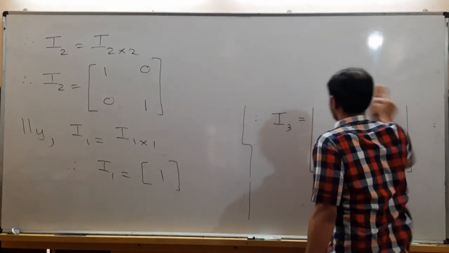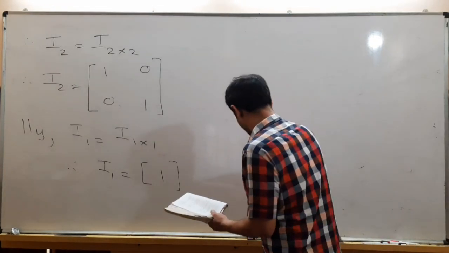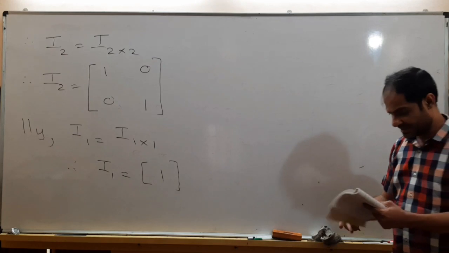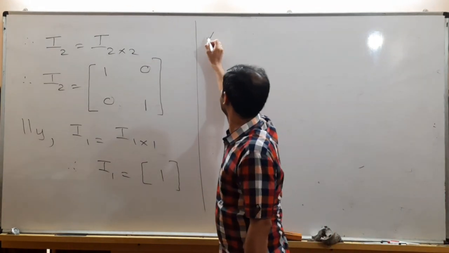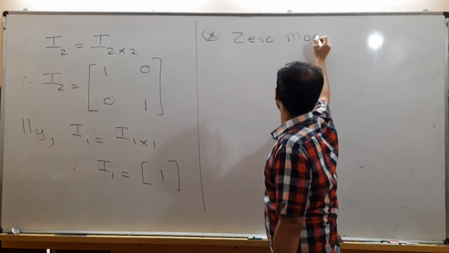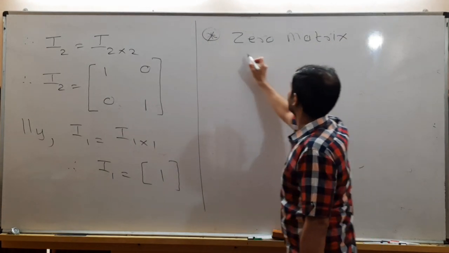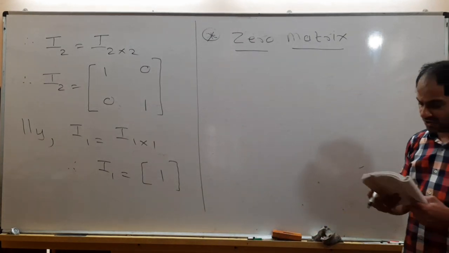Okay. Now let's move forward to the next topic. The next topic, after the identity matrix, is the zero matrix. Now that is really very easy. The name suggests it has all elements 0 and it can be of any order.